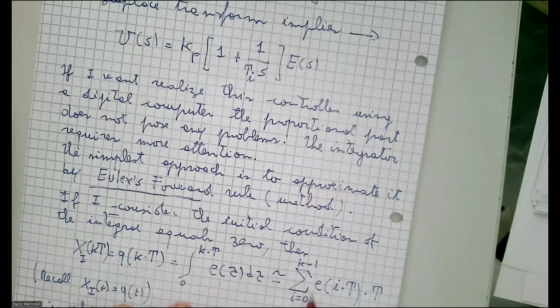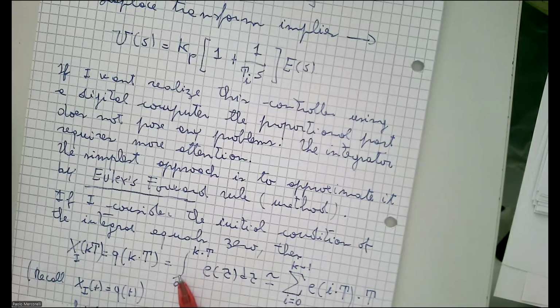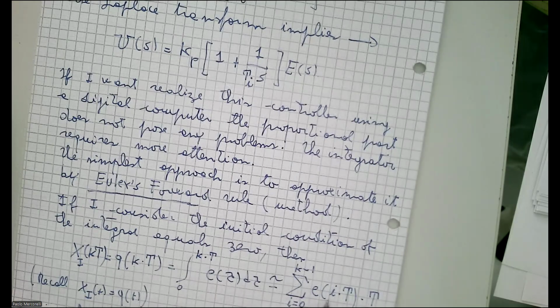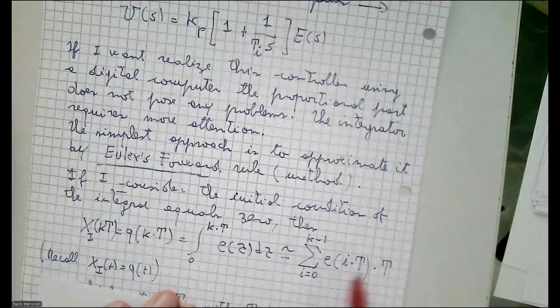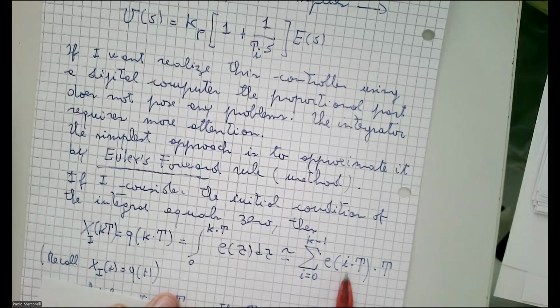Now, what happens from here to here? From here to here, I am considering that when I discretize this function here, we have a stepwise continuous function and not a continuous one anymore. This means this representation here, using the discretization, becomes this, because this function here is not continuous anymore, it is stepwise continuous.